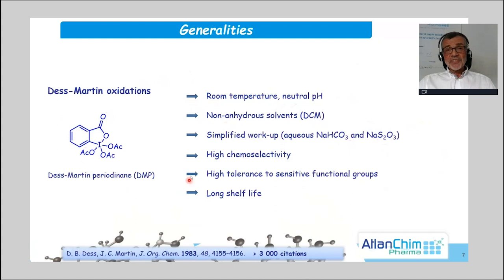You have with this reagent a high chemoselectivity, a high tolerance to sensitive functional groups. This reagent also has a long shelf life under anhydrous conditions, which is an important point. However, due to its potentially explosive nature, its industrial use remains difficult.